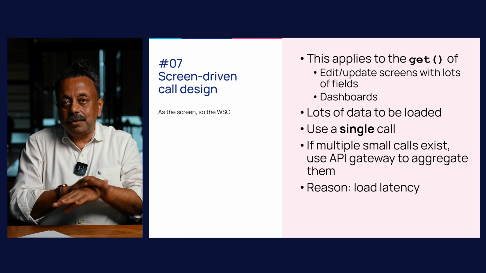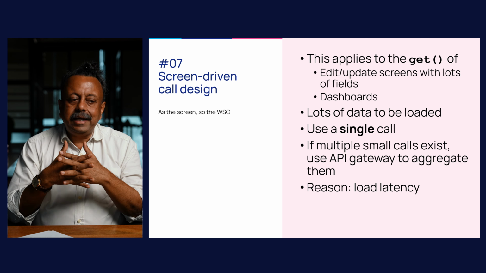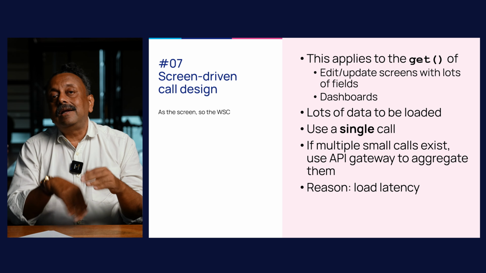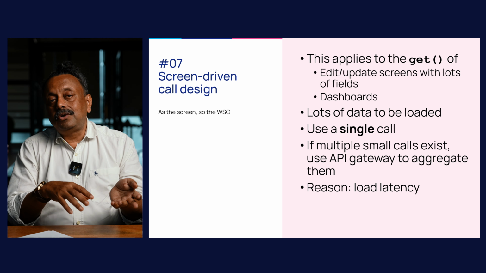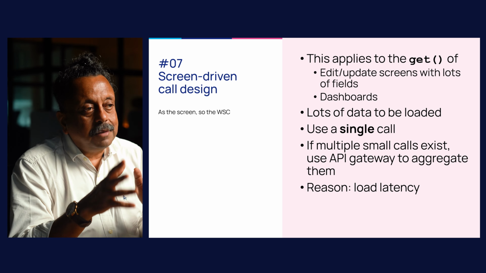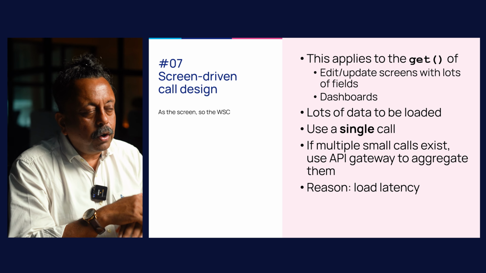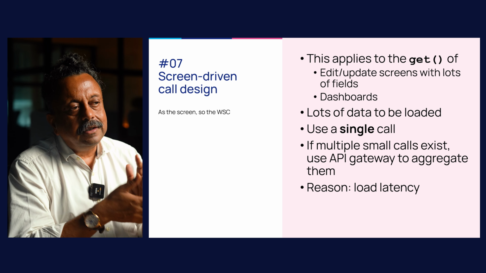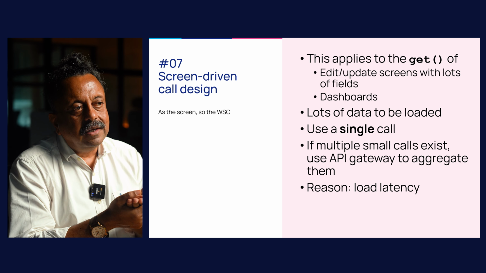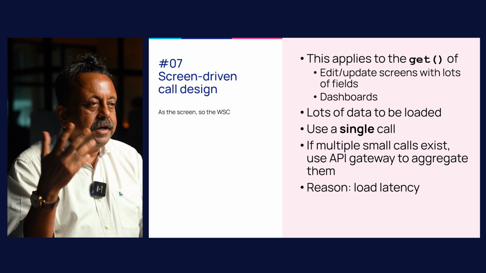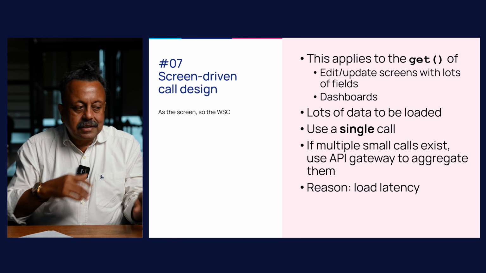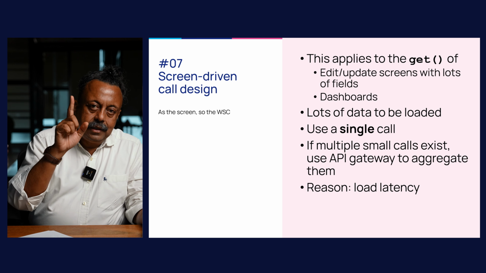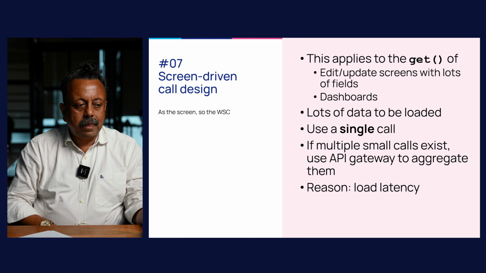So this is very possible with modern API gateways, and this might be a good way to do it rather than actually writing another get call to query all sorts of tables and pull out data. The important reason to do this is latency of the loading. The loading activity should not take a minute, even if you are loading 100 different data points. So this is one situation where web services may need to be designed keeping the screen in mind.